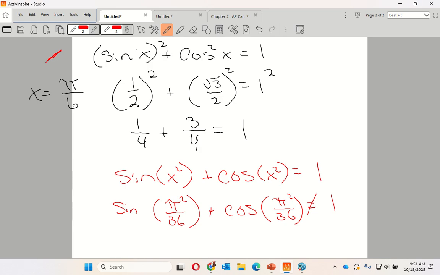When we're squaring sine, whatever my value is at that angle, I square it. So you find the unit circle value, and then you square it. But if I do it the other way, I square the value that I'm plugging in, and then I take the sine of that value. That's the difference.